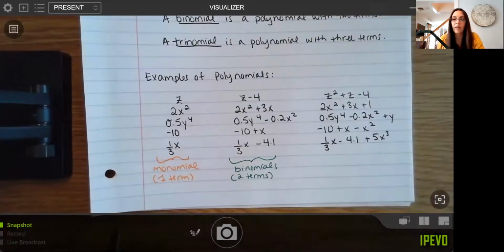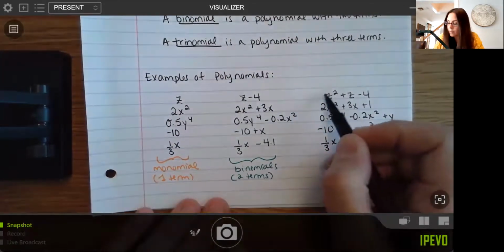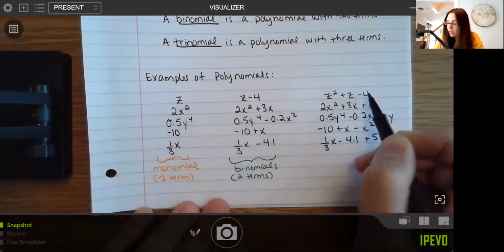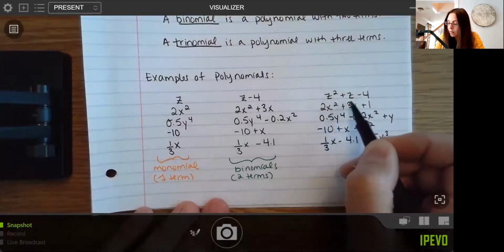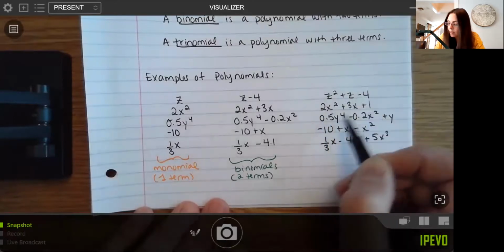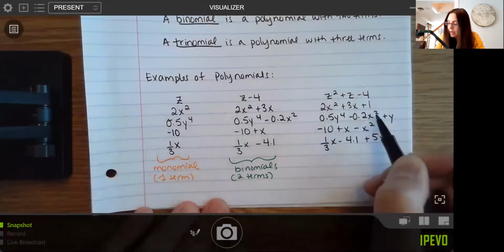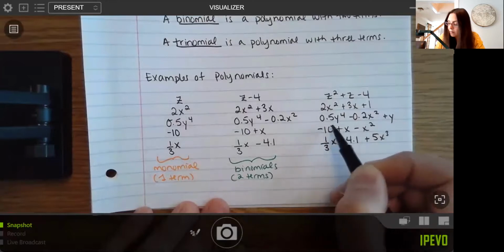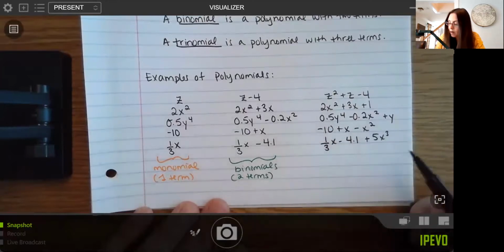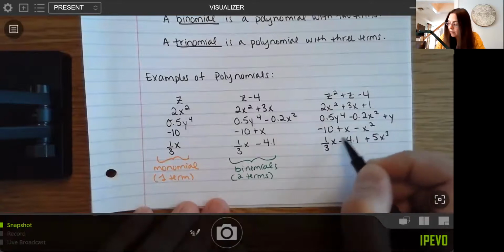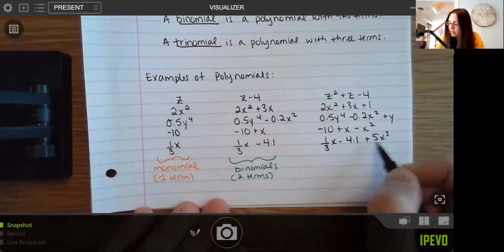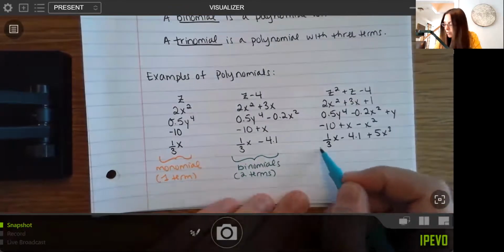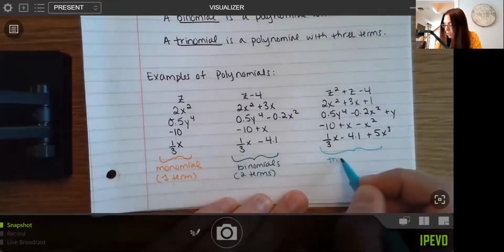So here are examples that each have three terms, right? So here's our first term, z squared. Here's our second term, z, and our last term, -4. Here, 2x squared, 3x, 1. Here, 1/2 y to the 4th, -2/10 x squared, y, -10, x, -x squared, and then 1/3 x, -4.1, and positive 5x cubed. So these all have three terms, and they are called specifically trinomials.